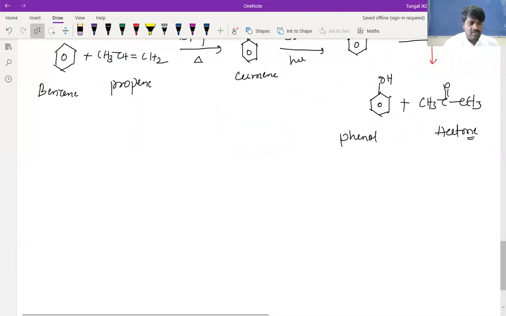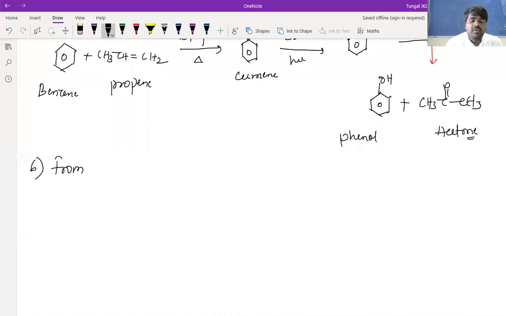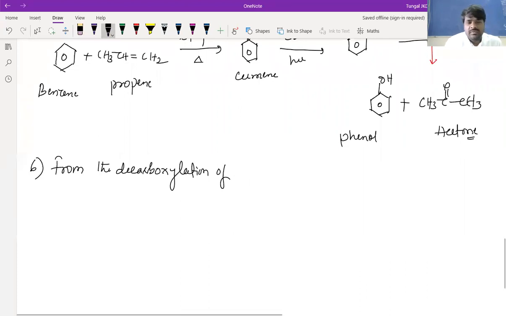The next method is from the decarboxylation of salicylic acid. What is salicylic acid?